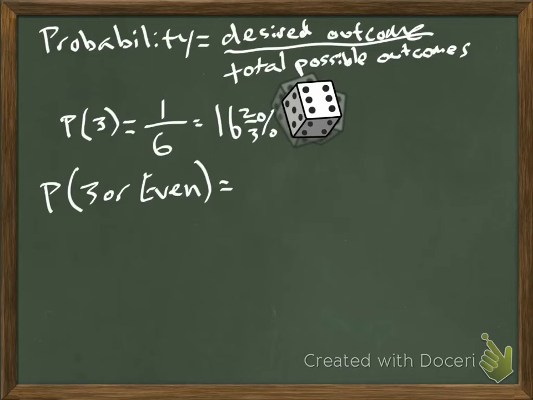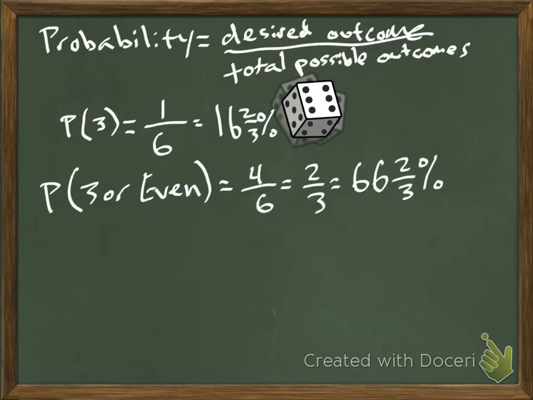Well, there's one 3, and there are 3 numbers that are even numbers. So that should tell me that I have a 4/6 chance, or about a 66 and 2/3% chance of landing on a 3 or an even number.